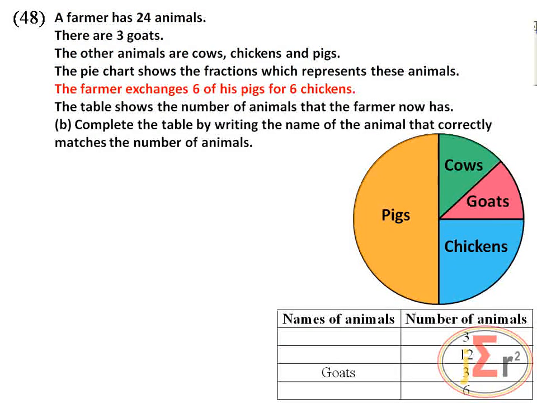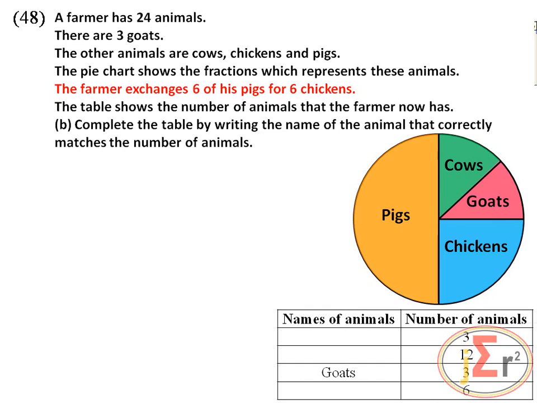The farmer exchanges 6 of his pigs for 6 chickens. The table shows the number of animals that the farmer now has. Complete the table by writing the name of the animal that correctly matches the number of animals.